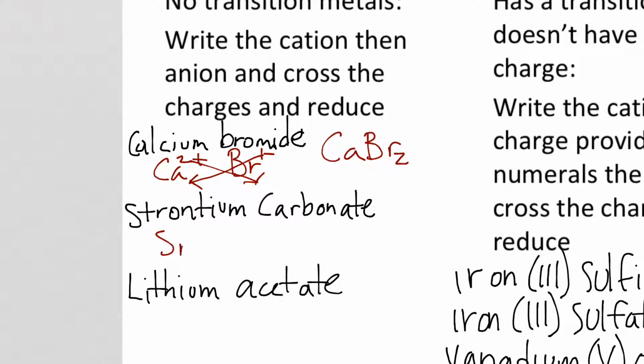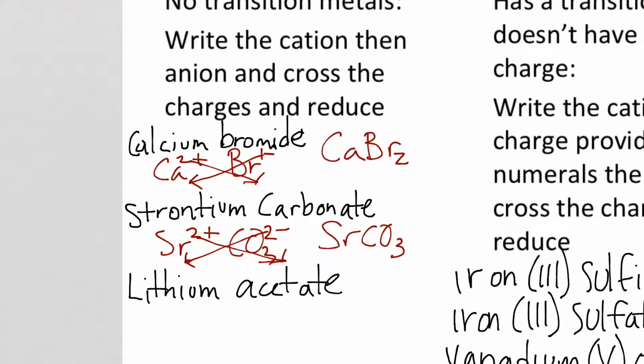Strontium with its 2+ ion. Carbonate is a polyatomic ion. Expect you to know where to find that. Cross the charges, and that gets us our SrSO3.